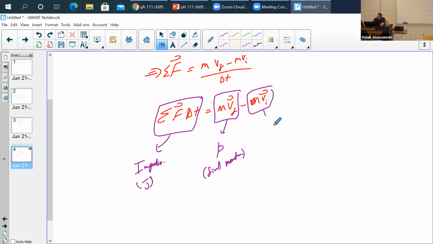And right over here, for this one, it's going to be the initial momentum, so p initial. So that's what we get. Your change in momentum is going to equal your force multiplied by your change in time.